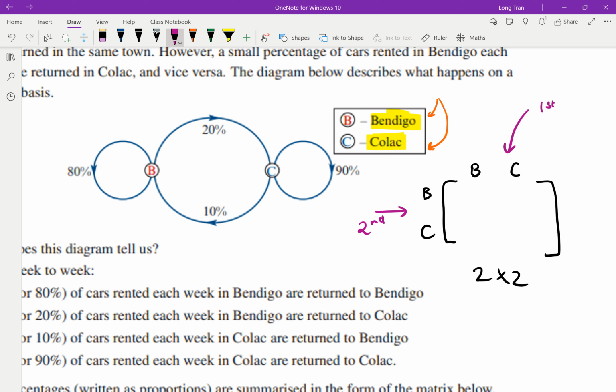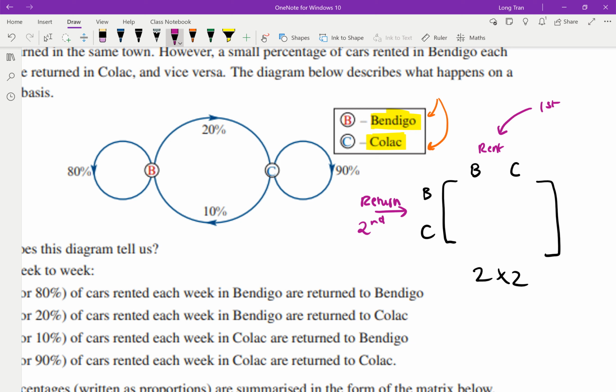What I'm trying to say is that you rent the car from Bendigo or Colac, and then the return is always over here. First is always on the top, and then the return is always second.